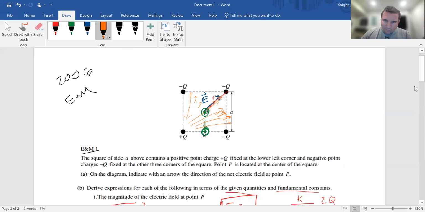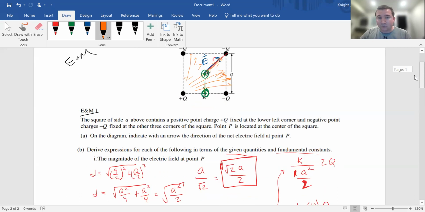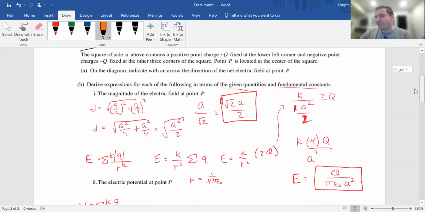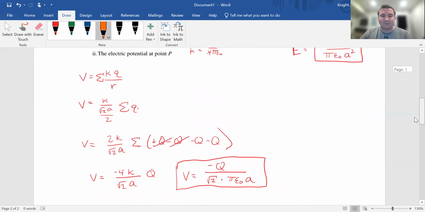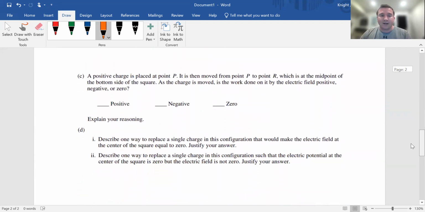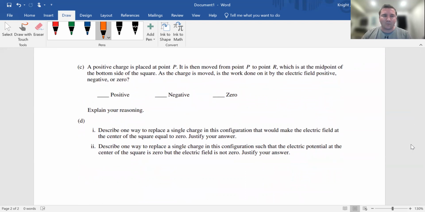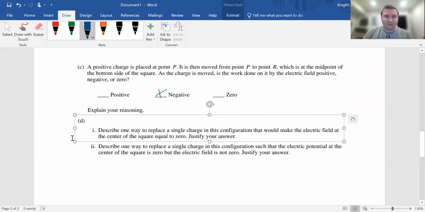So because we're moving it against the field lines, when positive particles would usually move with field lines, our electric field's doing negative work. We're doing negative work here.